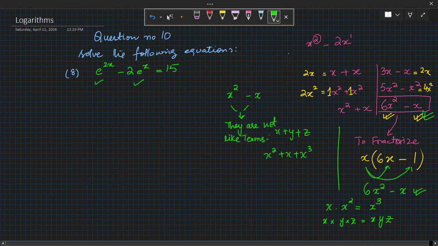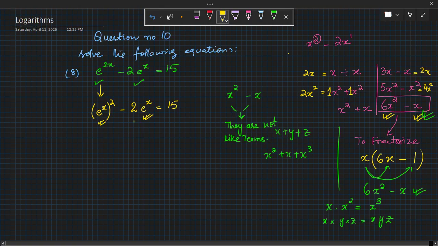All right, now what I can do here, can I write this exponential 2x as exponential x to the power square? Yes. And then I will keep this exponential x there. What I am observing here is that this exponential x is written twice.